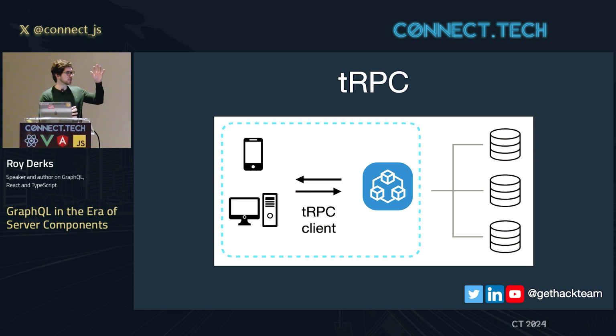And in your tRPC server or client, you're connecting to all these different data sources. So what you do is create a single TypeScript layer on top of all your data sources, and then your front-end applications are able to use that single TypeScript layer to retrieve data. And this is really cool if you're looking for type safety, if you're developing your front-end and back-end in TypeScript.